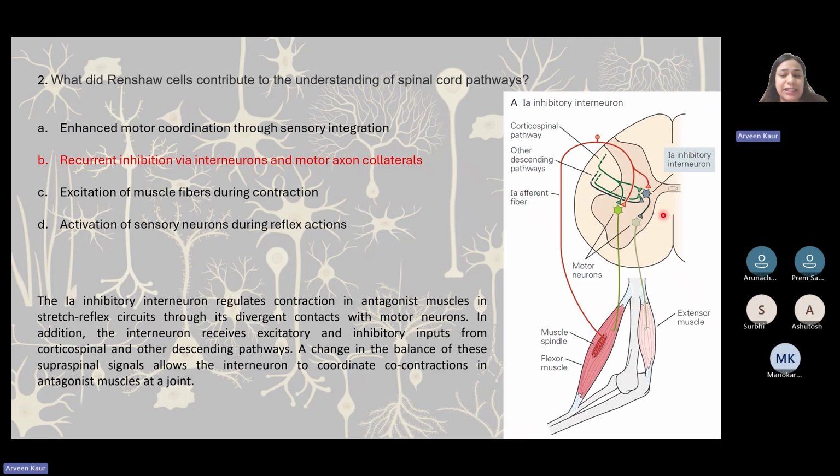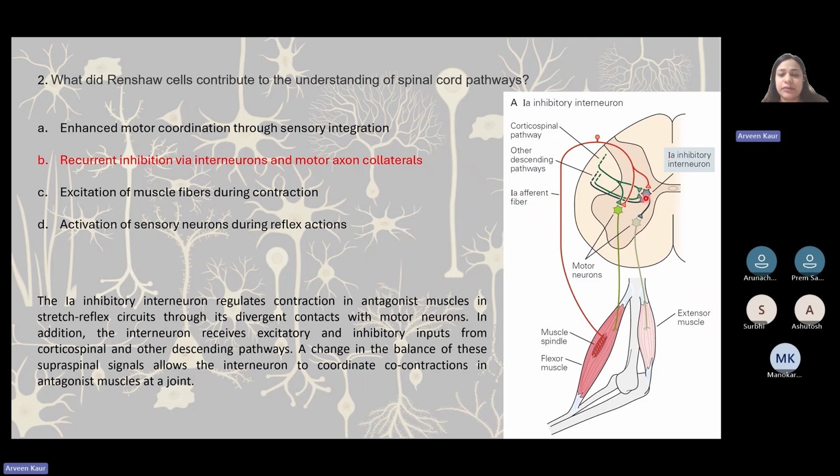It is because it is inhibiting the activity of the other muscle, which is on the contralateral side of the particular muscle which is actually bringing the signal. So this particular neuron is the inhibitory interneuron. So let us read about it. The Ia inhibitory interneuron regulates contraction in antagonist muscles in stretch reflex circuits through its divergent contacts with the motor neurons.